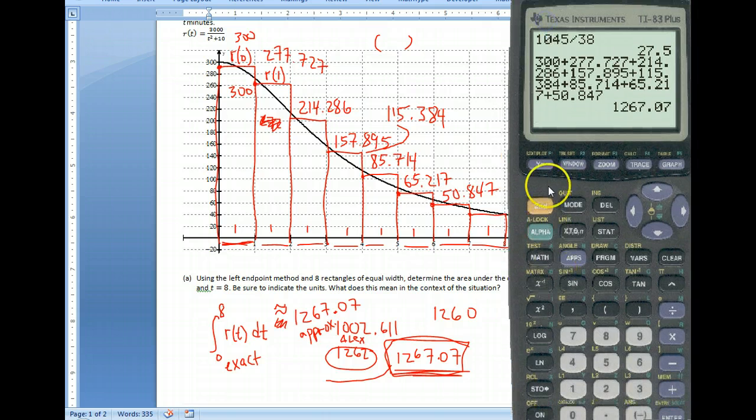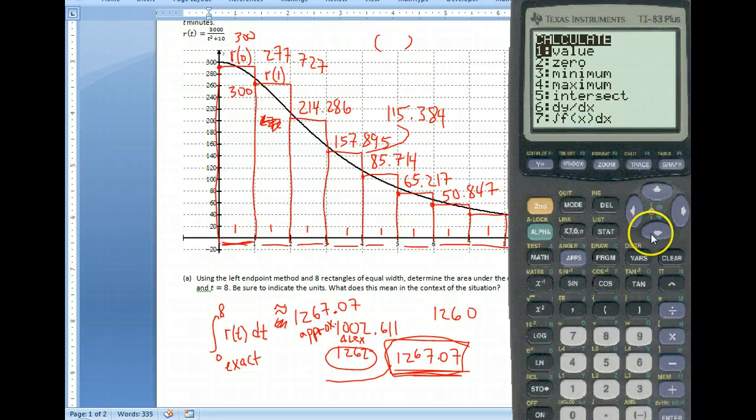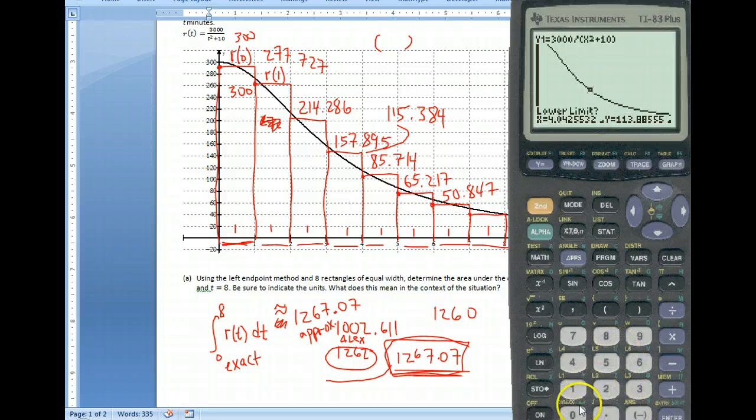Using the calculator by doing second trace, 7, this guy, from 0 to 8. So the exact answer, or at least close enough, much closer than what we did, was this.